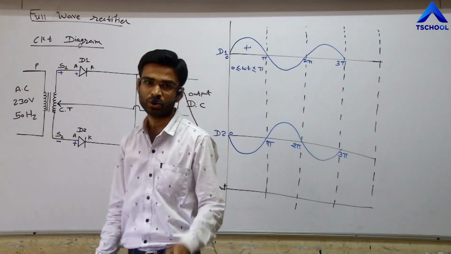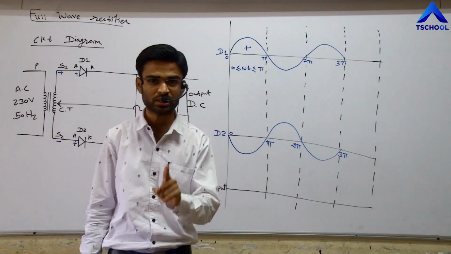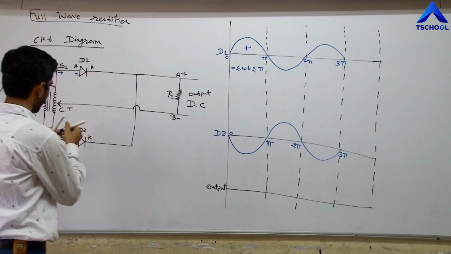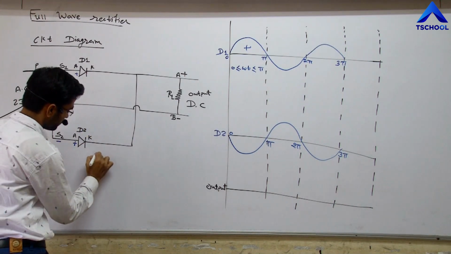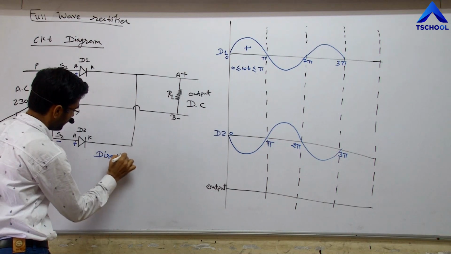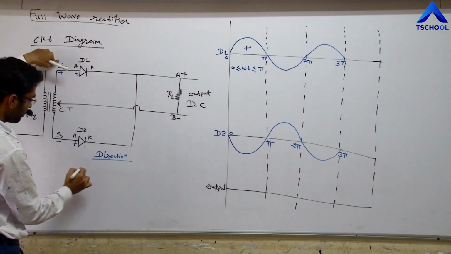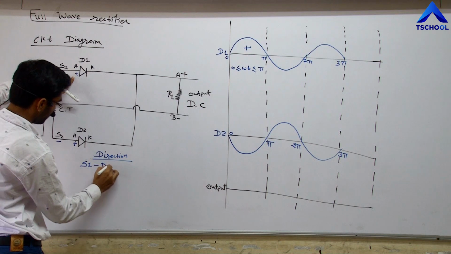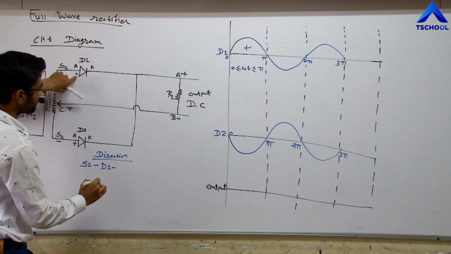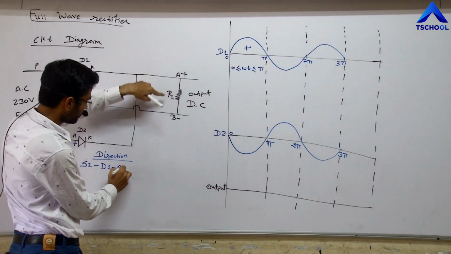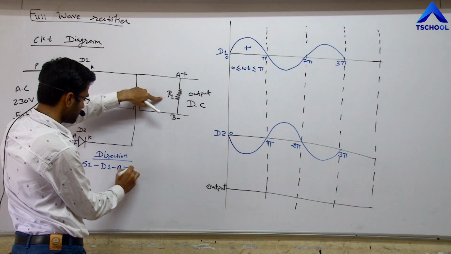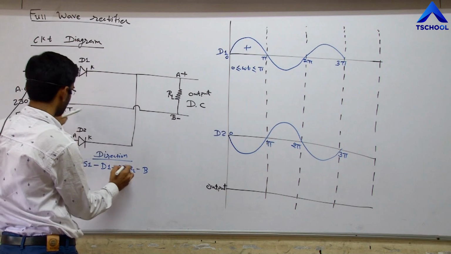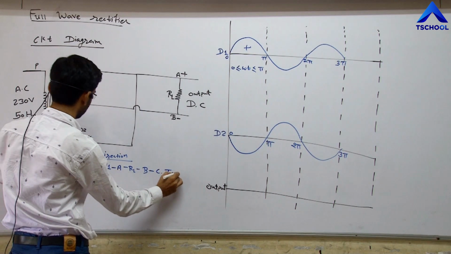The direction of the flow of the current during the first positive half cycle: starting from S1, going to D1, to point A, to the load resistance RL, point B, to the center tap transformer, to S1.